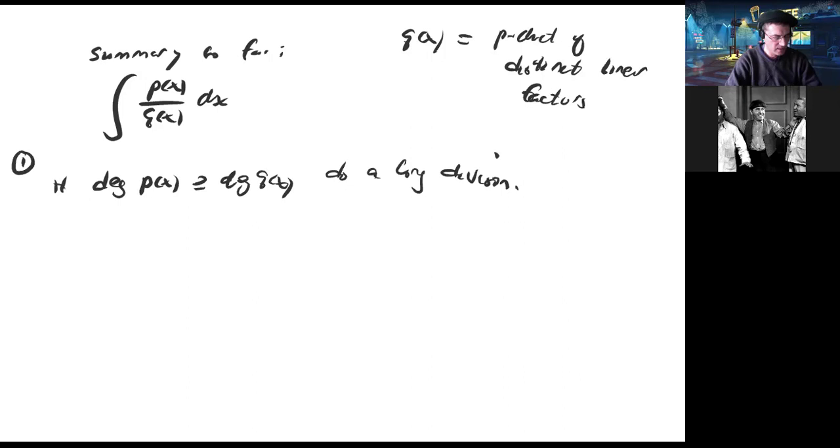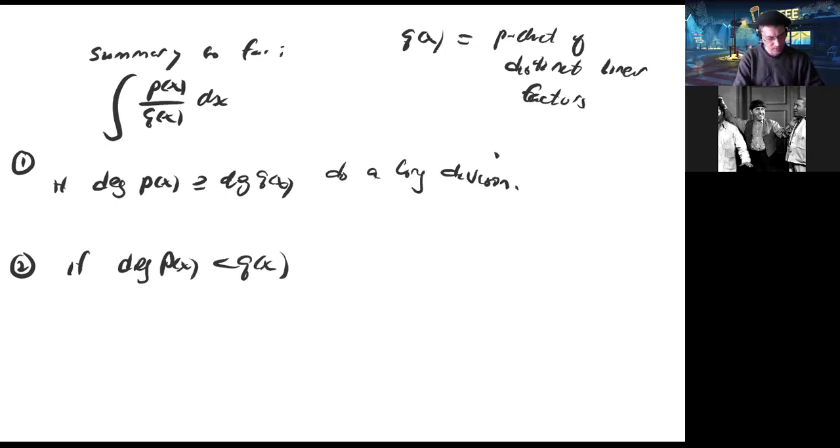Okay, so now let's get down to brass tacks. We're now in a situation where the degree of the numerator is smaller.